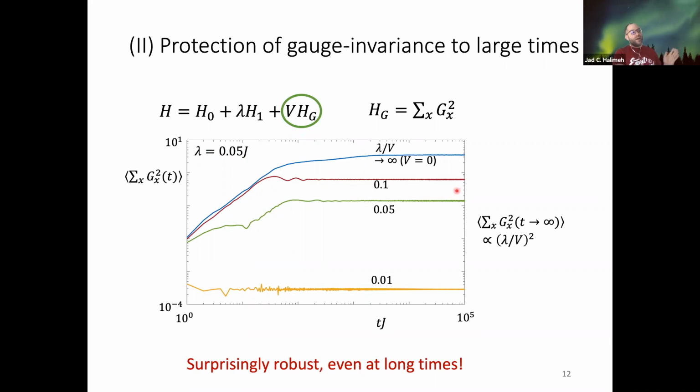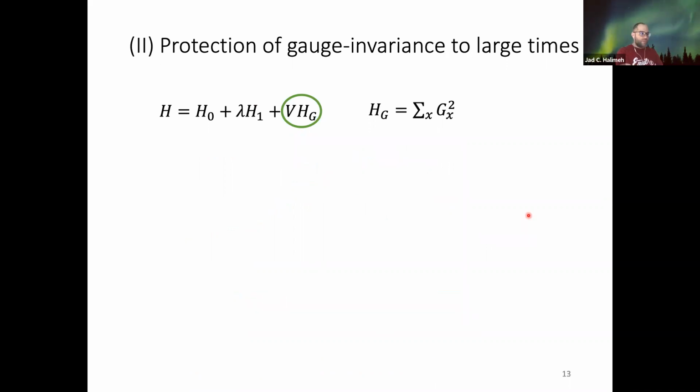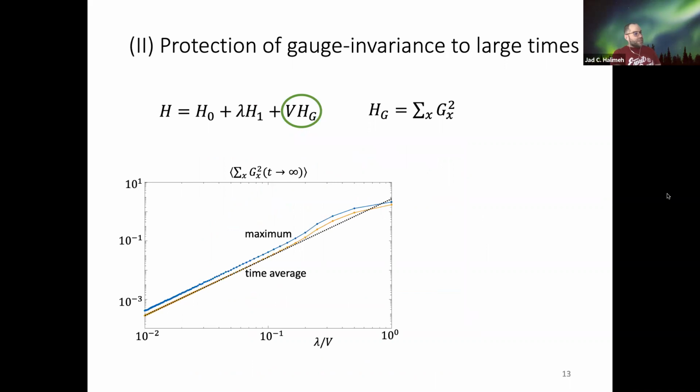If we take the time average of the gauge violation or the maximum of it and plot this as a function of 1 over J, we will again see two regimes.